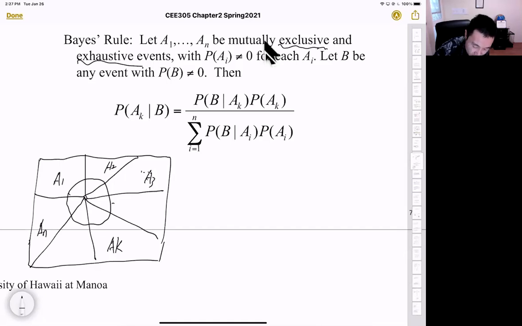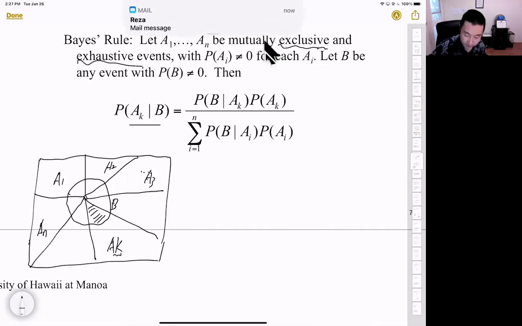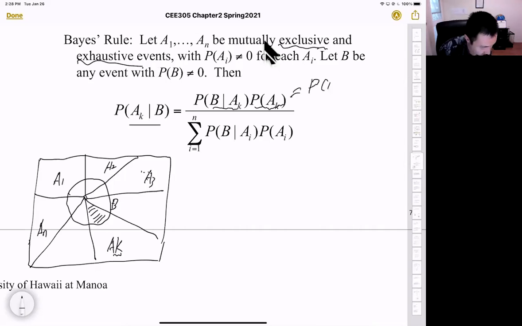So P(Ak given B) means the probability within this Ak piece, given B means within the circle of B. That probability is equal to P(B given Ak) times P(Ak), and this part is equal to P(B and Ak), which is this shaded area.